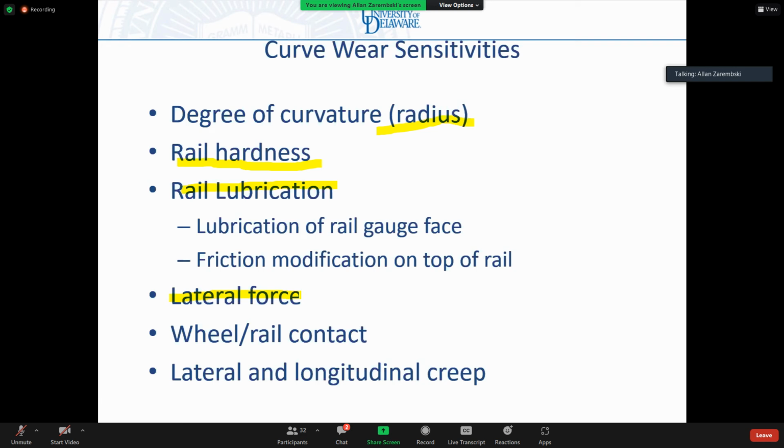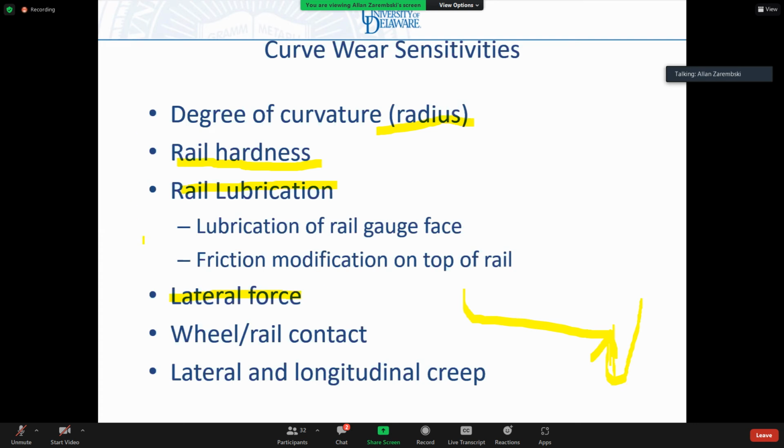For example, metros for the most part replace their wheels because of flange wear, because metros tend to have a lot of curves. So you tend to get your wear right over there, and the wheel wears down, becomes thin, and that's a criteria for maintenance of the wheels.